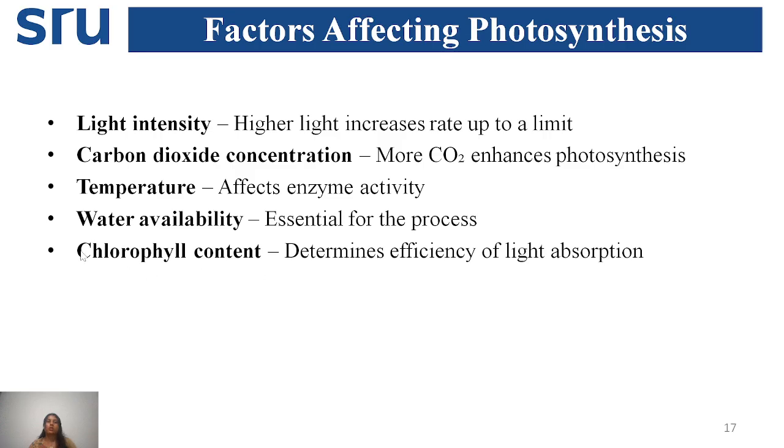And also chlorophyll content, because chlorophyll absorbs the light. Photosystem 2 and photosystem 1 are protein-pigment complexes, so in the photosystems the chlorophyll is present. Not only chlorophyll, we have other pigments also: carotenoid, xanthophyll. All these pigments act as accessory pigments.